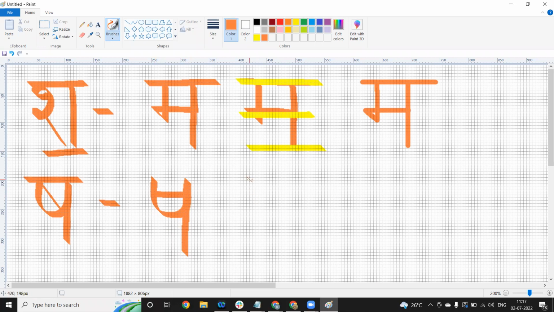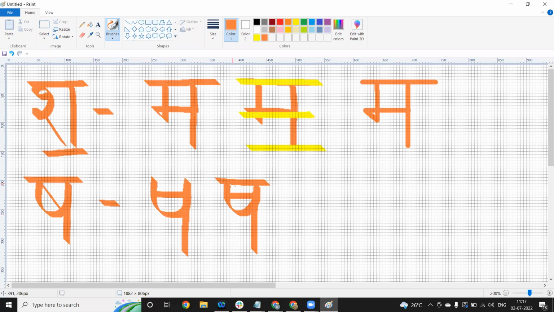And if you remember, another letter that is similar looking is tha. In tha we have the same shape, exactly, it looks like the tha. The only thing is that in case of tha we have the shirorekha on the top.